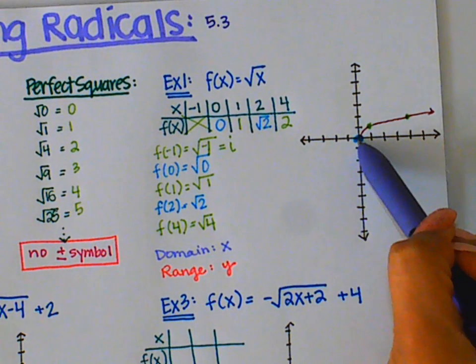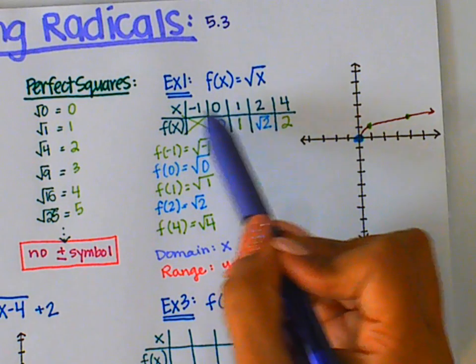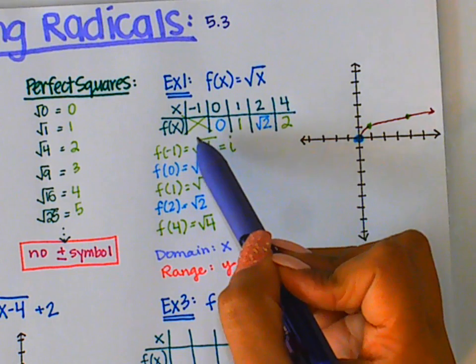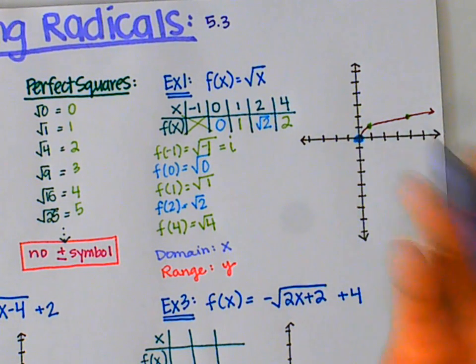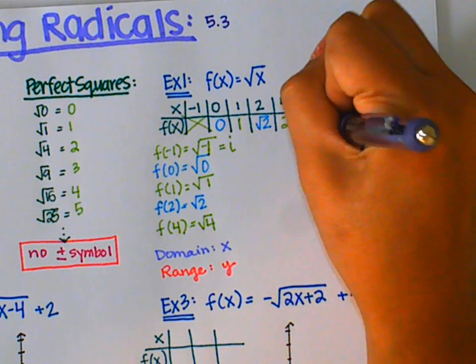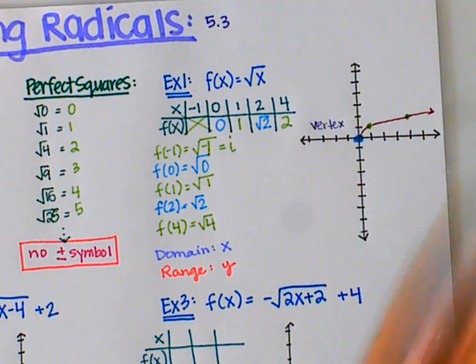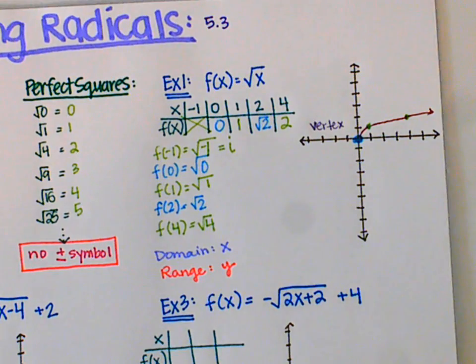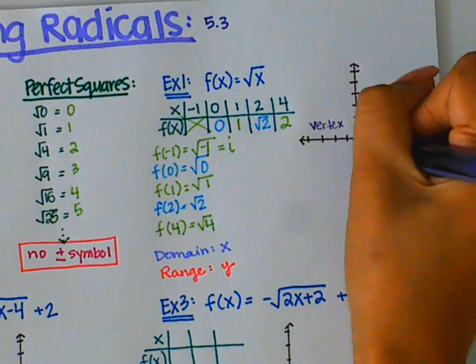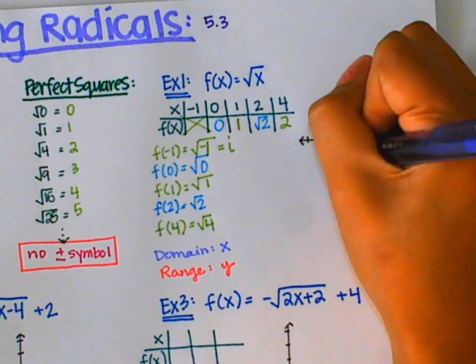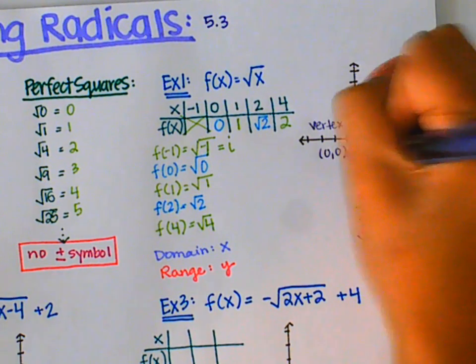I know that this is my point because the number I plugged in after it didn't work. So that's going to be what I call my vertex. And I'm using that word very loosely. It's just the tip of my graph. And that vertex is, in this case, 0, 0.